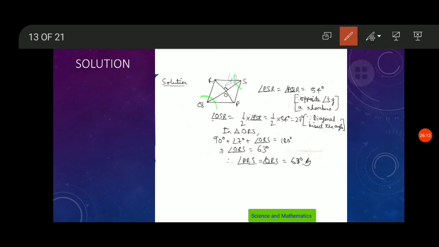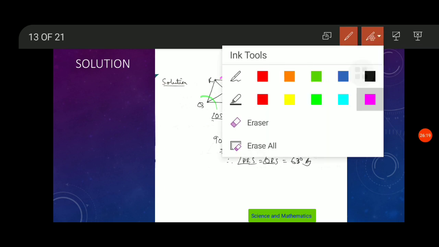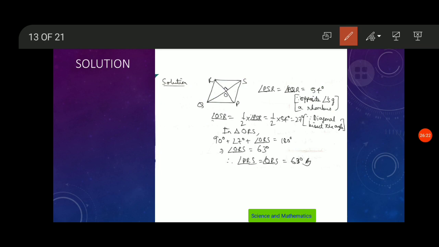I hope it is visible to you. Only this angle in this triangle, that is QSR. What will it be? It will be half of the angle PSR, is it or not? Because the diagonal bisects the opposite angles, we all know, the diagonal of a rhombus, we have learned that.